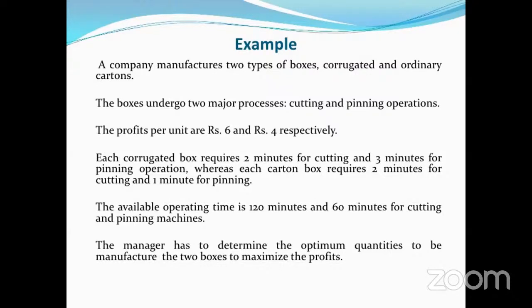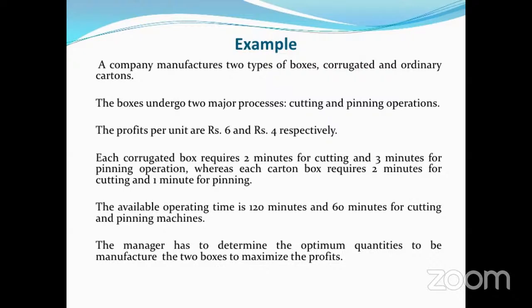Right. So decision variables means how many units of corrugated boxes and ordinary boxes we have to produce such that we get a maximum profit by using the two machines for cutting and pinning. Am I right? Yes, sir. So the decision variables depend upon the objective of the company.